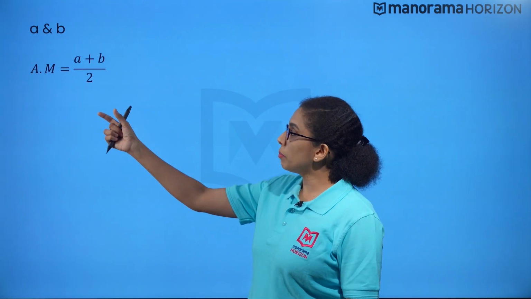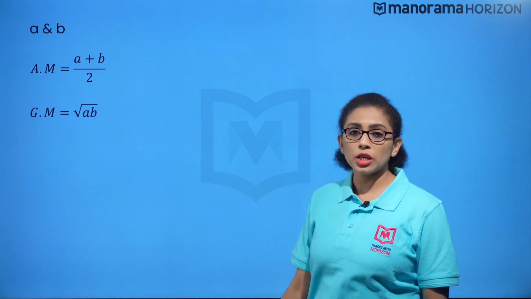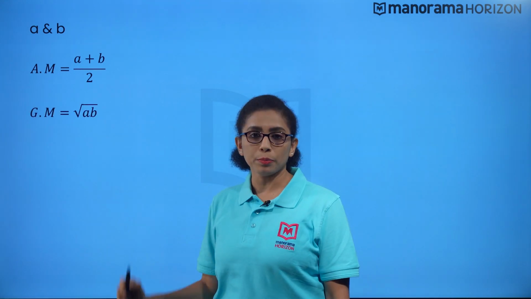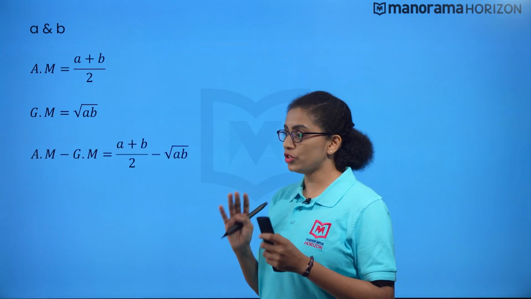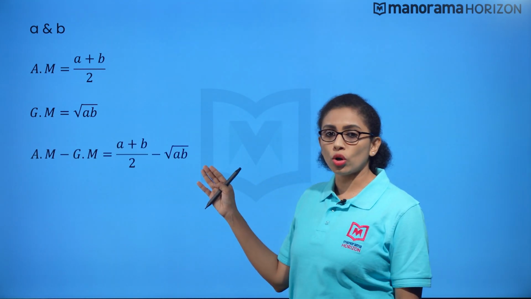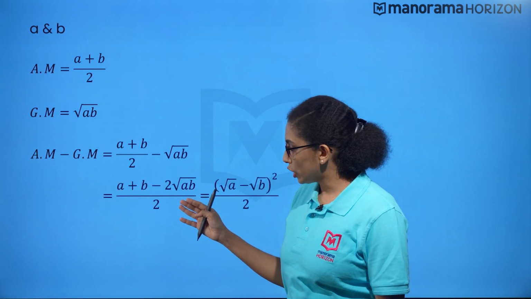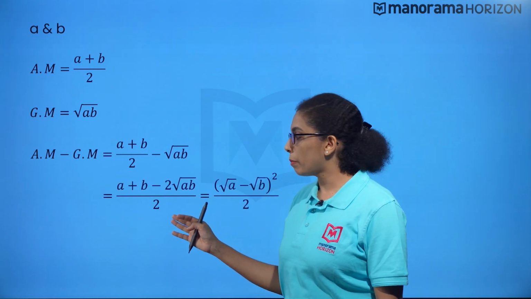Now we have to establish a relationship between AM and GM. Consider two positive real numbers a and b. Then AM is given by (a plus b) by 2. And what is GM? GM is the root of ab. Now we subtract GM from AM and we get (a plus b) by 2 minus root of ab, which is equal to (a plus b minus 2 root ab) by 2.